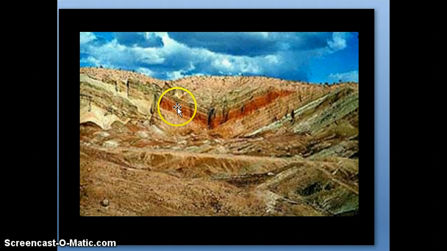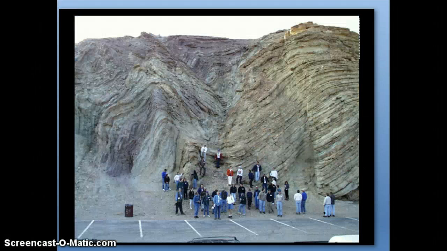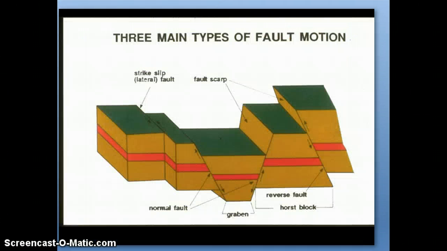And then the fact that this isn't continuous shows probably some faulting along that area. Here is an area outside of Barstow, California, that has been severely deformed, and you can follow these stratigraphic layers as they kind of are moving up and down. So it's been a lot of compression, a lot of deformation.